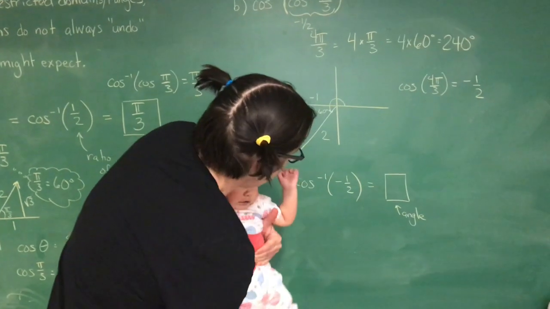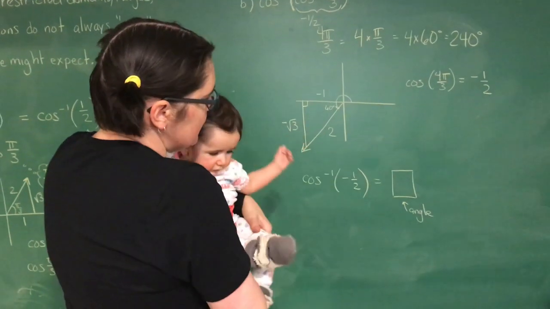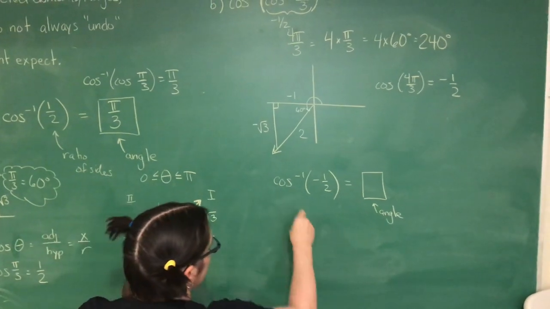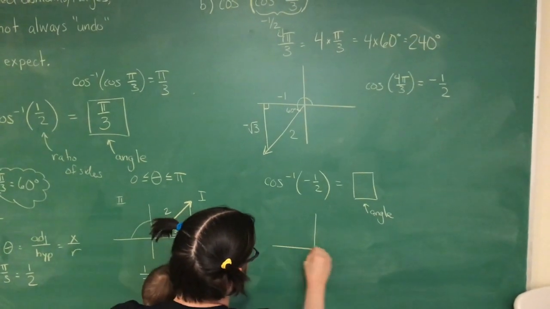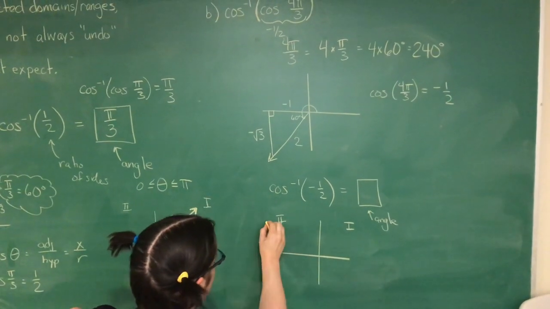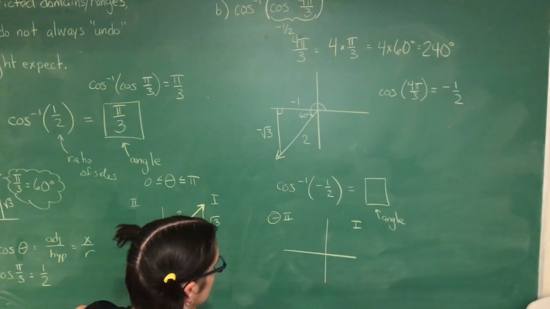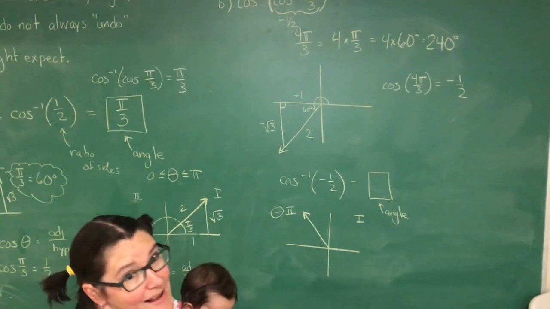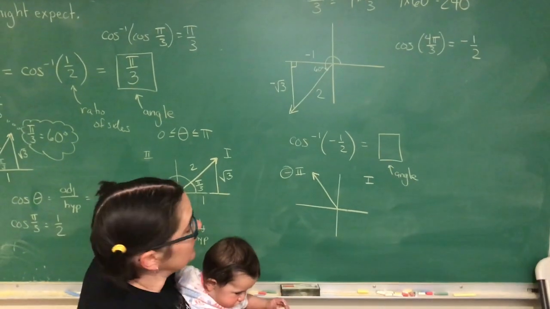My ratio is negative, so in terms of inverse cosine, I'm looking at quadrants 1 and 2, and cosine is negative in quadrant 2, so my angle is going to be an angle in quadrant 2. I can already see that my angle will be different than what I expected.